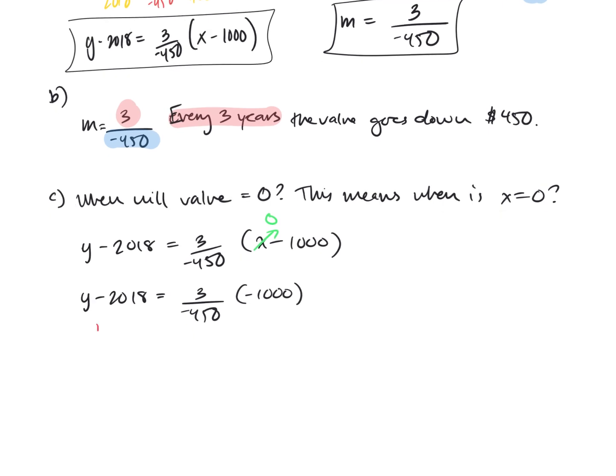I'm going to add the 2018 to both sides. So now we'll figure out what y is. And remember, y is the years. So we're solving for y now when the monetary amount was 0. That's going to be negative 3,000 divided by negative 450 plus 2018.